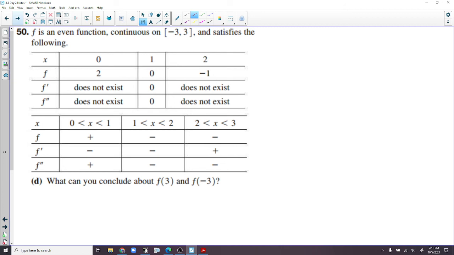You can at least plot the points, right? (0, 2). (1, 0). (2, -1).